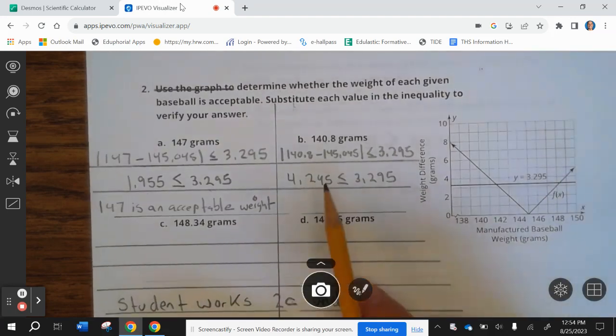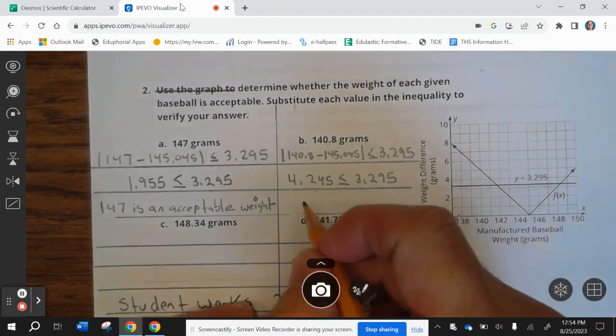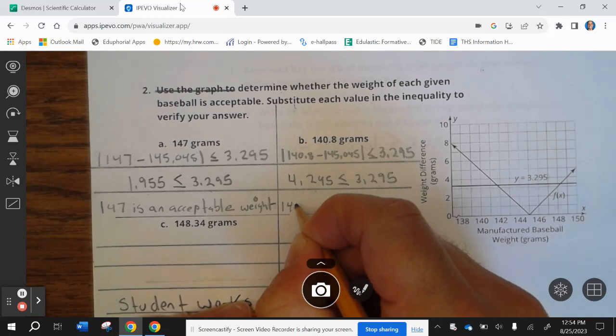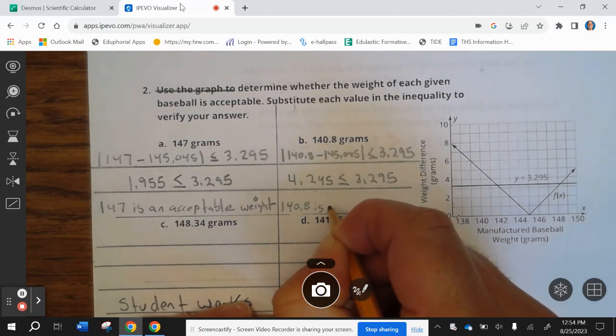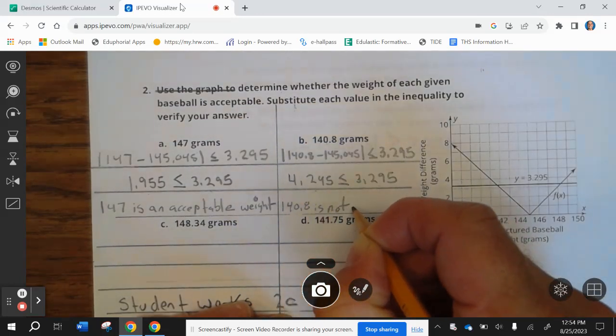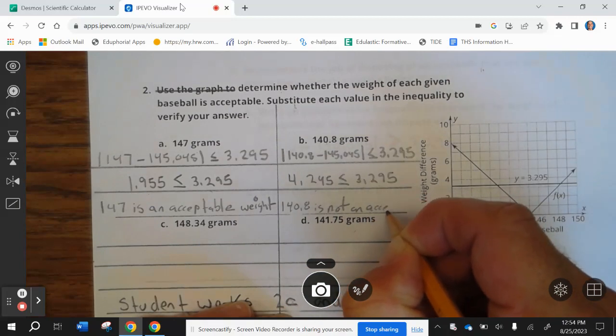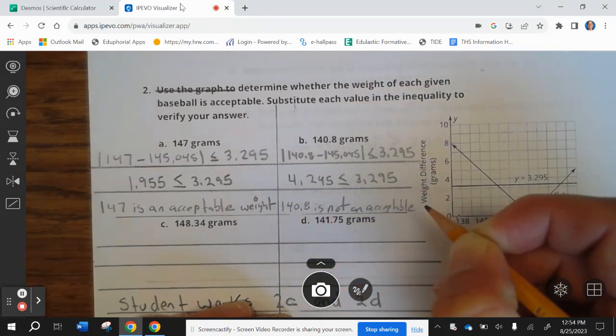Okay, so this is not less than that. So 140.8 is not an acceptable weight.